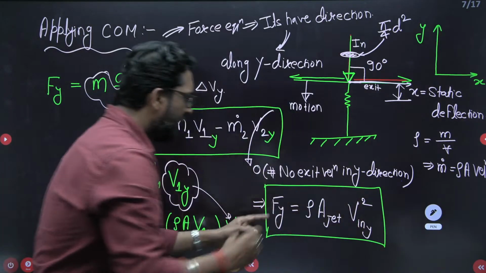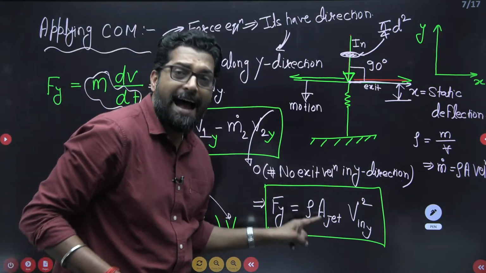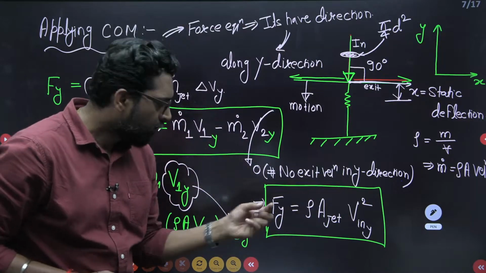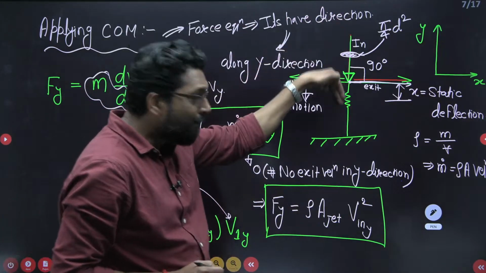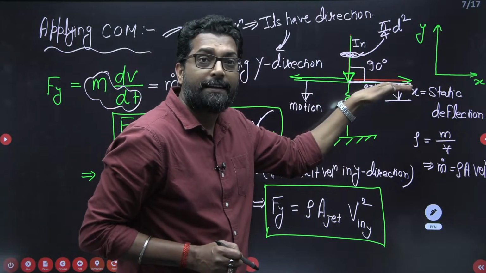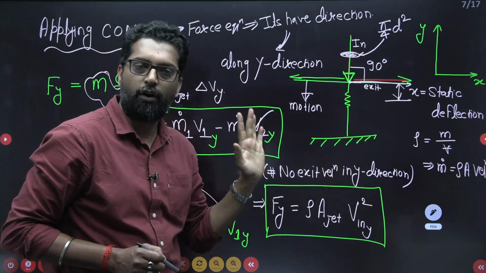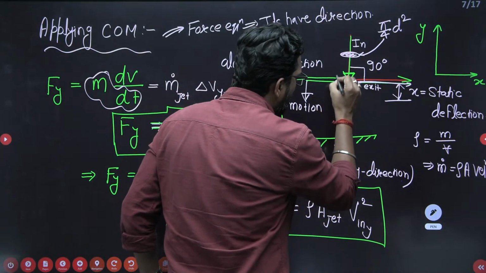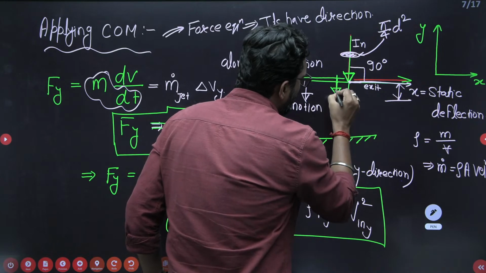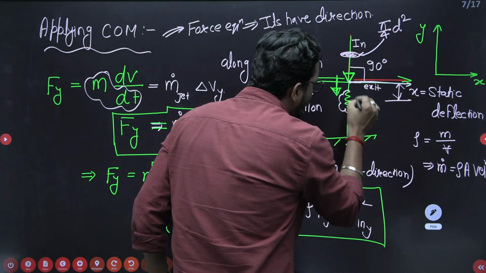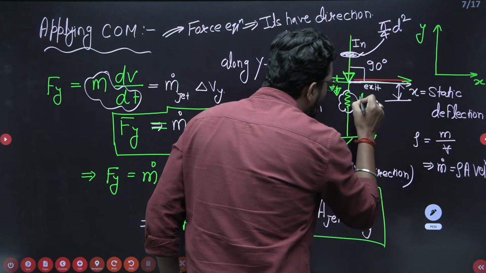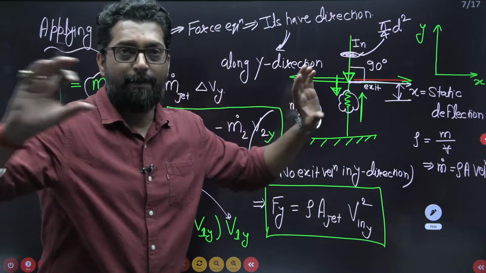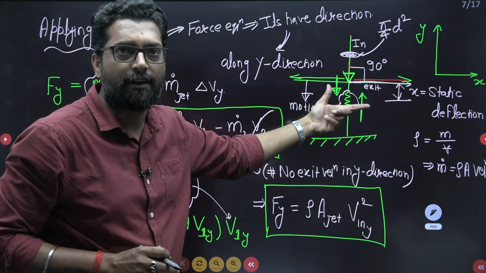Now my dear, this force is applied by the jet on the plate in the y direction. So the spring will try to compress, so the spring will apply the same force. Why? Because we have to balance the static equation, the net force.